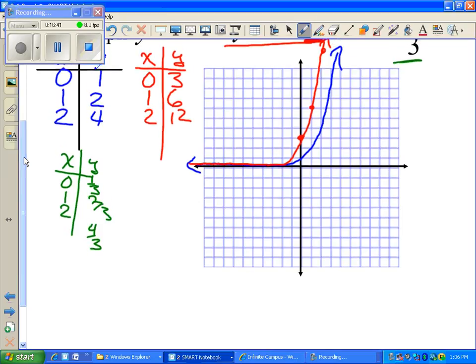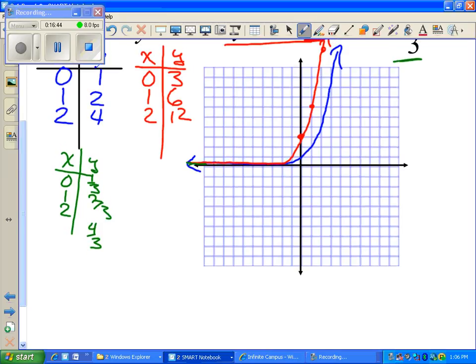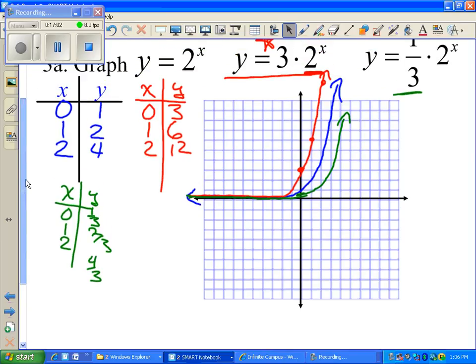And so now I have a different graph. And this graph is going to grow. 0 is 1/3. 1 is 2/3. 2 is 4/3. This one's going to grow slower. It's still going to grow. The red one we call a vertical stretch.